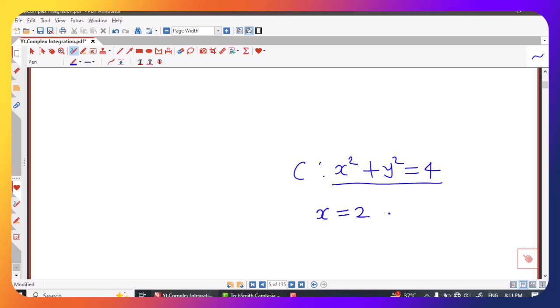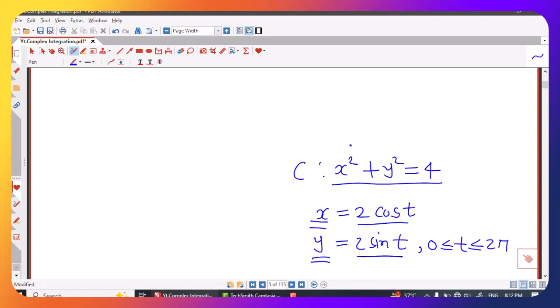We will consider x equal to 2 cos t and y equal to 2 sin t, where t is between 0 and 2 pi if we want to integrate along the whole circle. So here we are using the parametric representation of the circle x square plus y square equal to 4, where the radius is 2 and the origin is (0, 0).